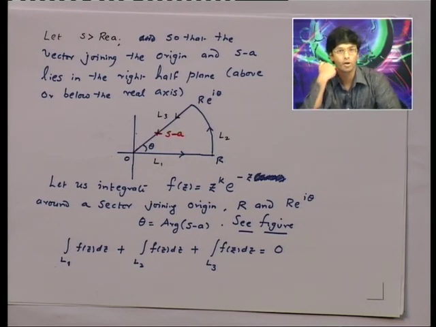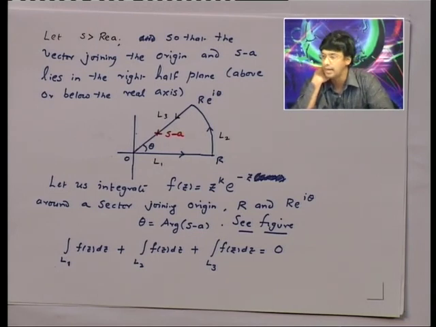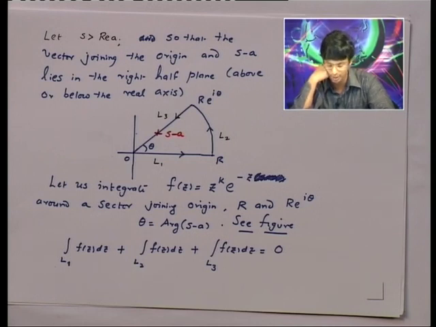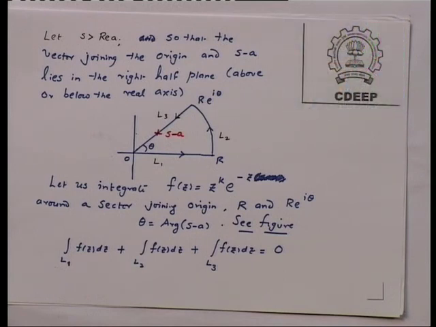L1 and L2 are along the arms of the sector and L3 is the portion of the circular arc. Alright, so let us integrate f of z equal to z to the power k e to the power minus z around a sector joining origin, r and r e to the power i theta, where the angle theta is just the argument of s minus a.